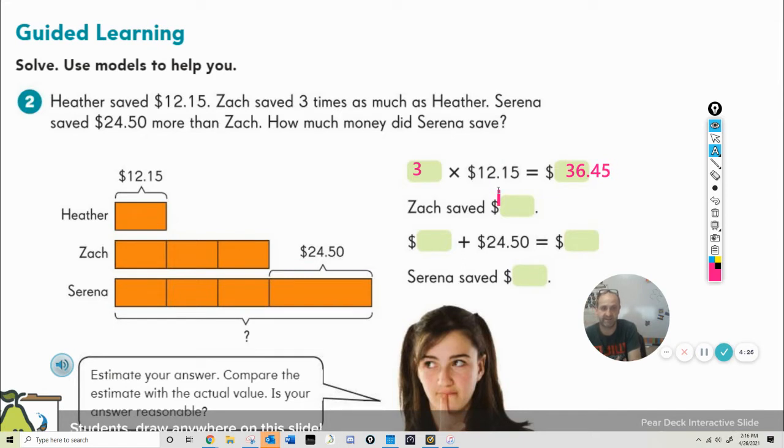So Zach saved $36.45. And then you're going to add Zach's 36.45 plus $24.50, which is going to equal $60.95. So Serena saved $60.95. Okay, this one is a feasible problem. I'll accept it.